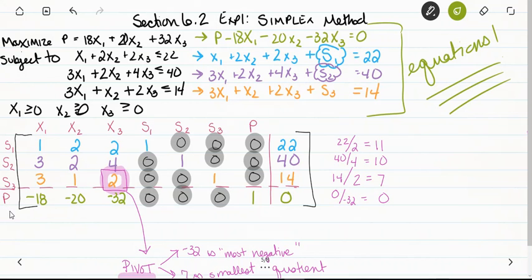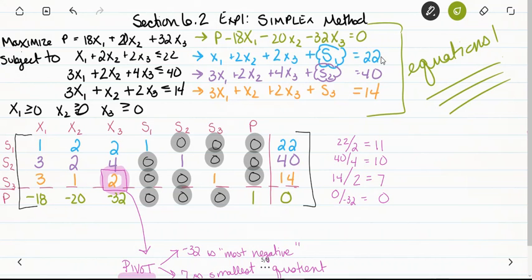So in our P equation, the x1 coefficient is negative 18, x2 is negative 20, x3 is negative 32. There's 0 for slack 1, 2, and 3 because we didn't have a slack variable. And P is equal to 1. And then our equals at the end, after the equal sign, was 0. So we have this green 0 here.